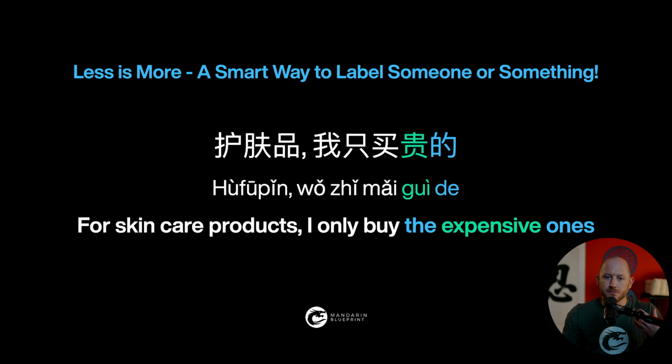So 我只买贵的护肤品, the extra 护肤品 is unnecessary, and so you can just say 我只买贵的. It's a label for the expensive skincare products. And because the context is clear, you don't have to get any further detail, and therefore you can speak more efficiently. And by the way, I love 护肤品. Defend skin products. That's what skincare products are.